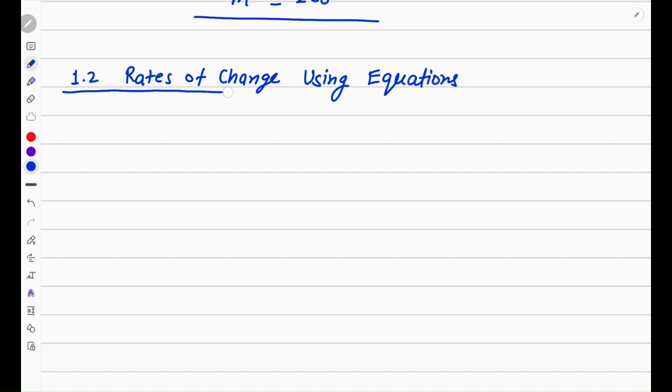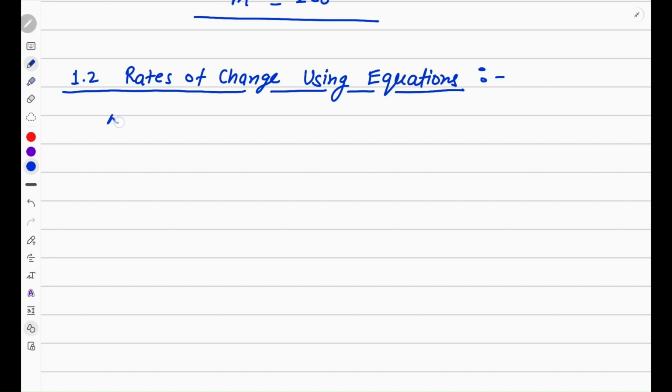Now we are moving to our next topic, the rates of change using equations. If we have an equation of the curve and we want to calculate the rate of change or the slope of the curve, we can use the differentiation method to do that.